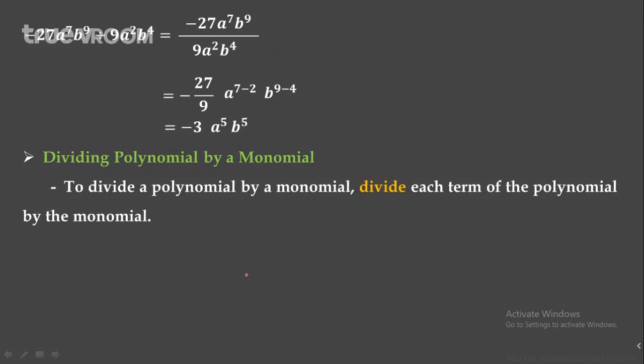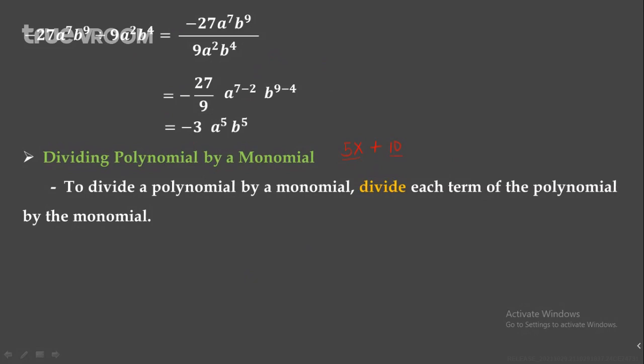So students, when we say polynomial, it consists of two or more terms, separated by plus or minus. For example, 5x plus 10. This is a polynomial because it is composed of two terms.